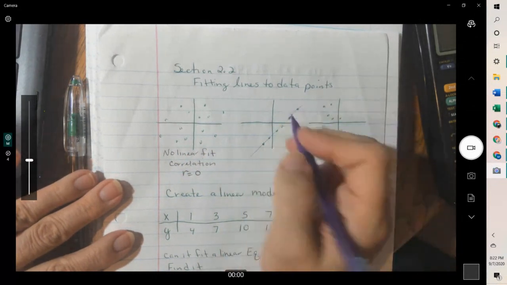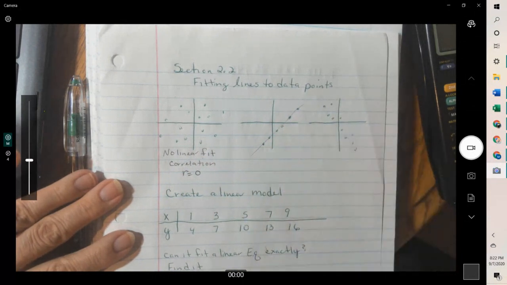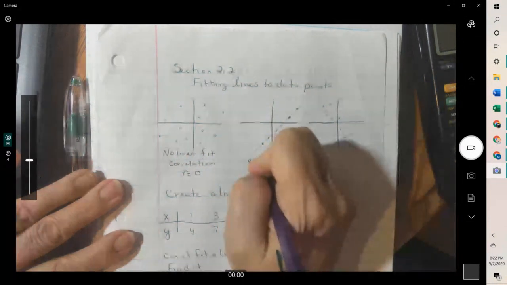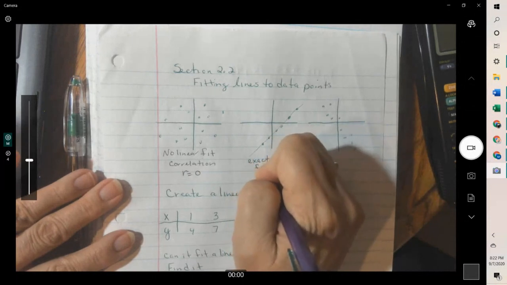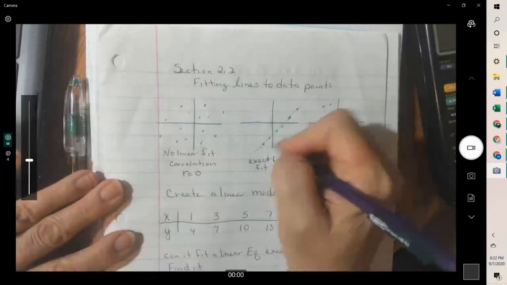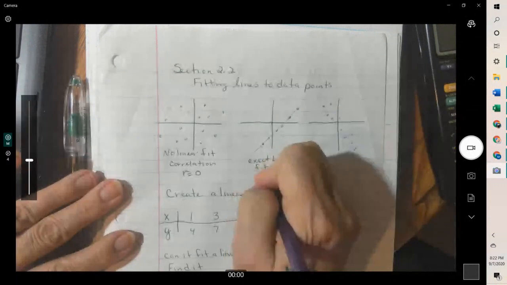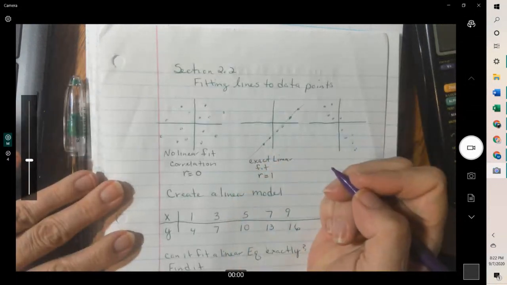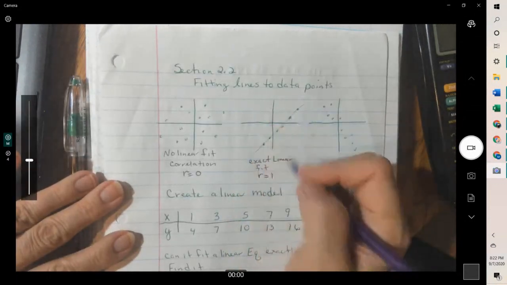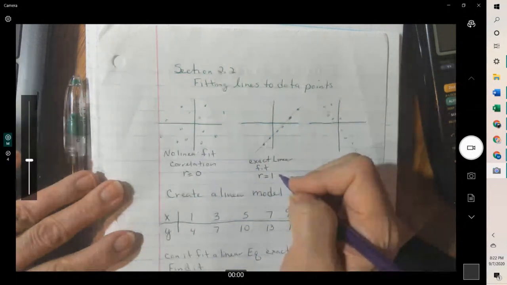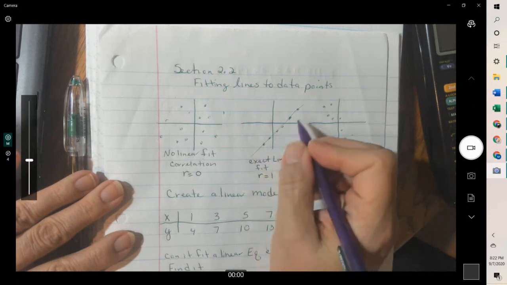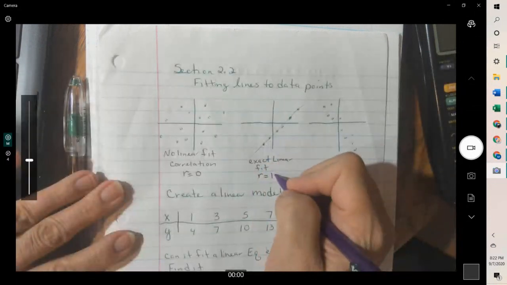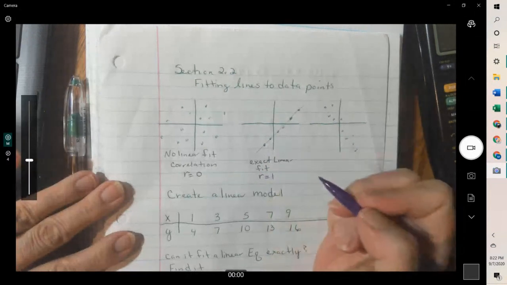So this would be an exact linear fit, because it all fits on the line. And when it all fits on the line, your R is 1. Or if it's decreasing, -1. So the closer it gets to 1 or -1, the better the fit is. And if it equals 1 or -1, then it's a perfect fit.